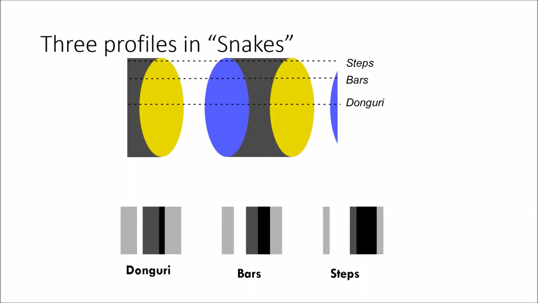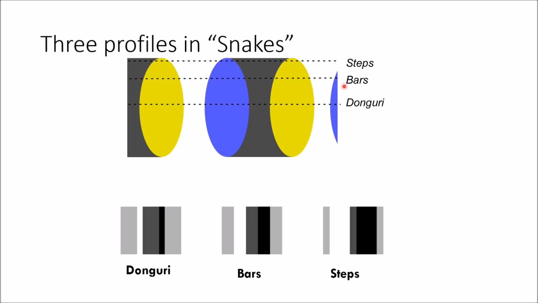For a psychophysical experiment, we did the following. We took the original snake pattern and we sliced it at 3 different heights. At the middle, where it is the Donguri pattern, so we have a dark bar next to a yellow and a blue.